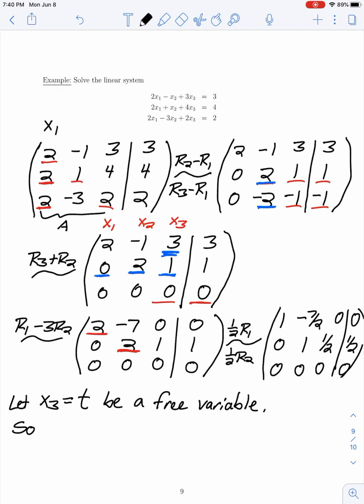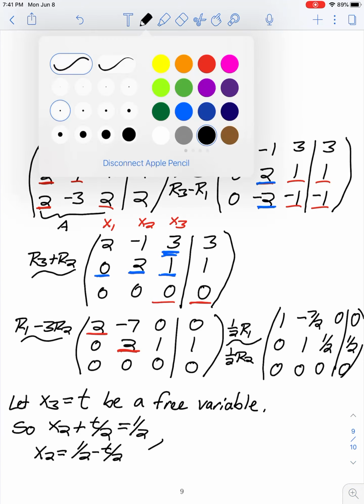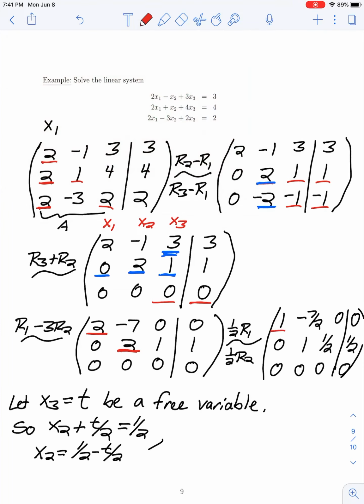So looking at our second equation, I can solve for x2 in terms of x3. My second equation tells me that 1x2 plus 1/2 of x3, so that would be half of t, is equal to 1/2. So solving for x2, I have 1/2 minus 1/2 of t. And to get x1, I could look at my first equation, or my first row in this matrix.